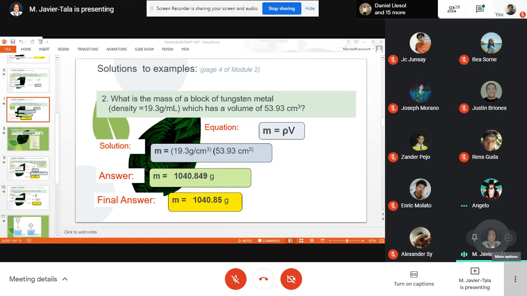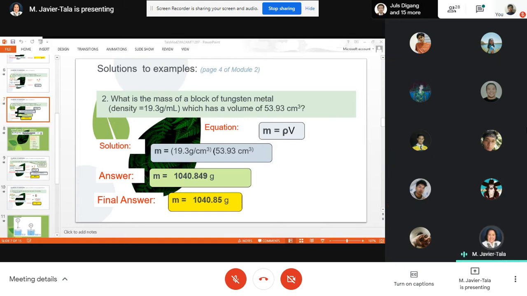This is the final answer, rounded off. Okay, so the answer is 1,040.85 grams.